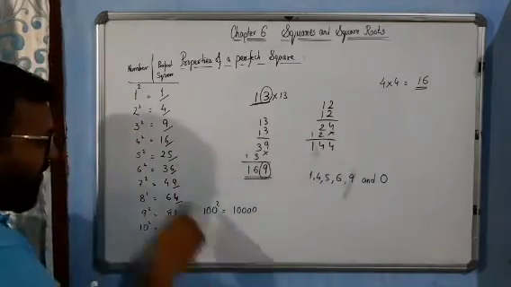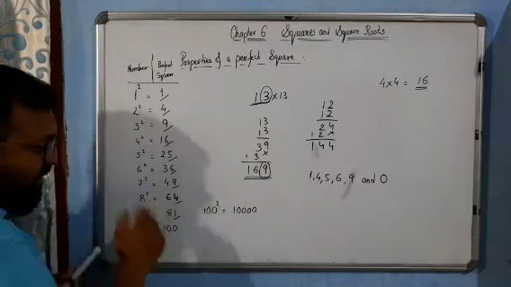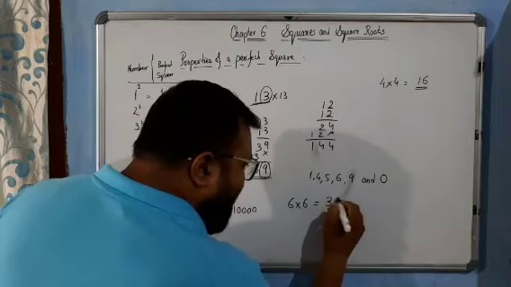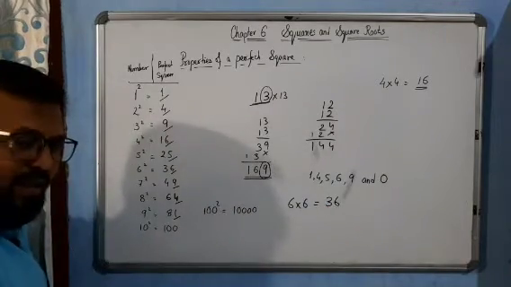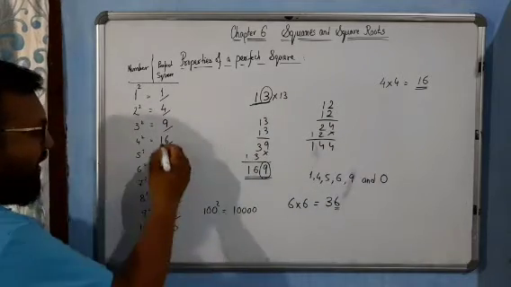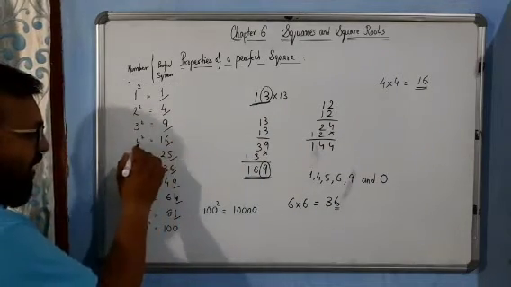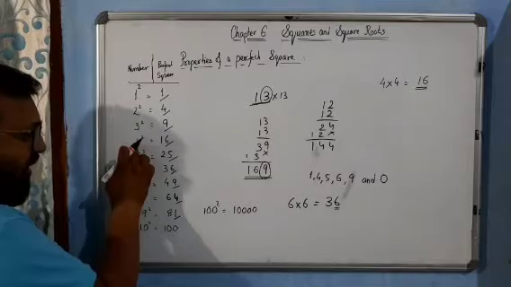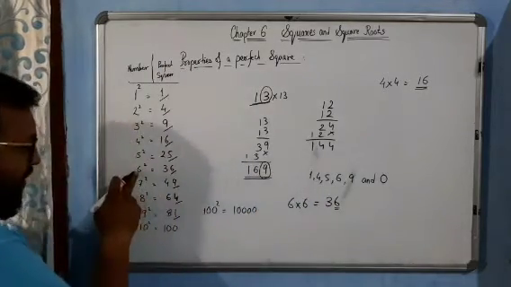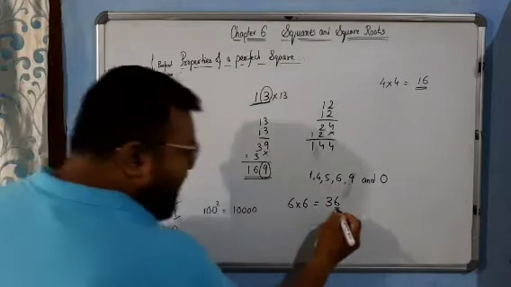Let's take an example of this one, 36. So 6 into 6 gives you 36. Since it has 6, as you told earlier, whenever you multiply a number which is having 4 in its units place, you will always get 6.